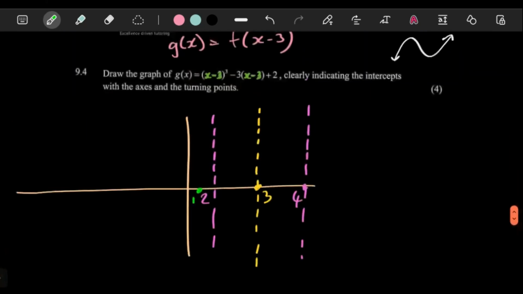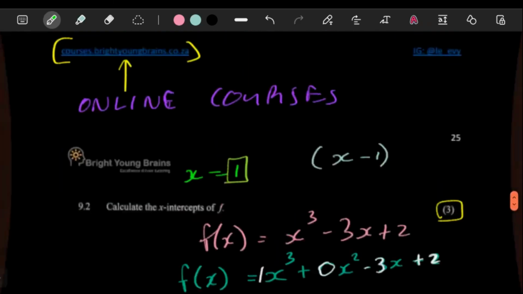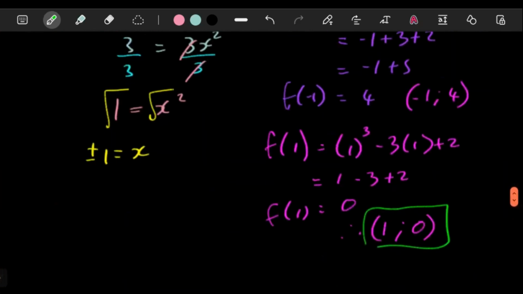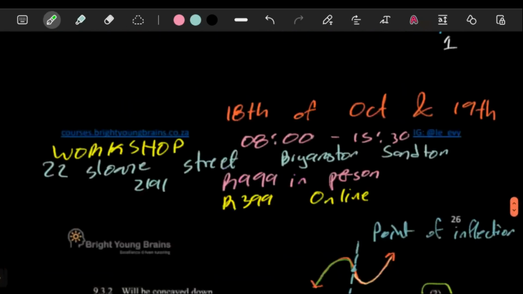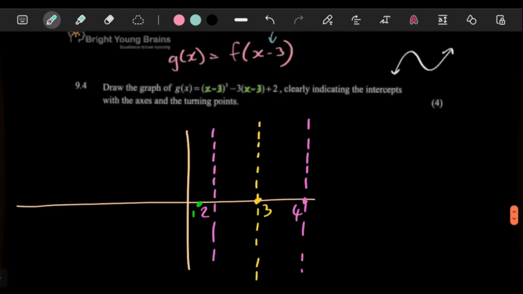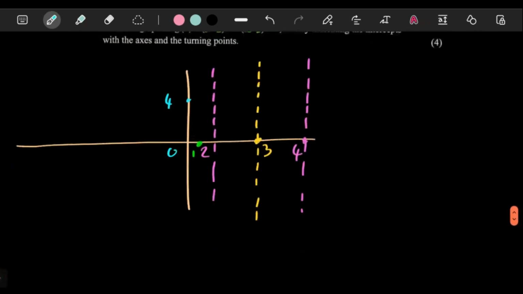So the idea now is where you just need to be creative. Let me see if we got the actual coordinates of the turning points. Yes, we did. The y value here was 4, and the y value here was 0. Those remain the same because if you move the graph, nothing is really going to change. So somewhere at 4 up here, you have a turning point, and somewhere at 0 here, you have a turning point.